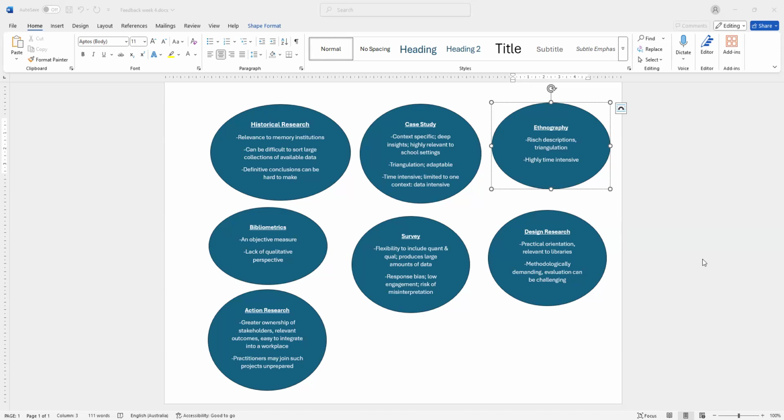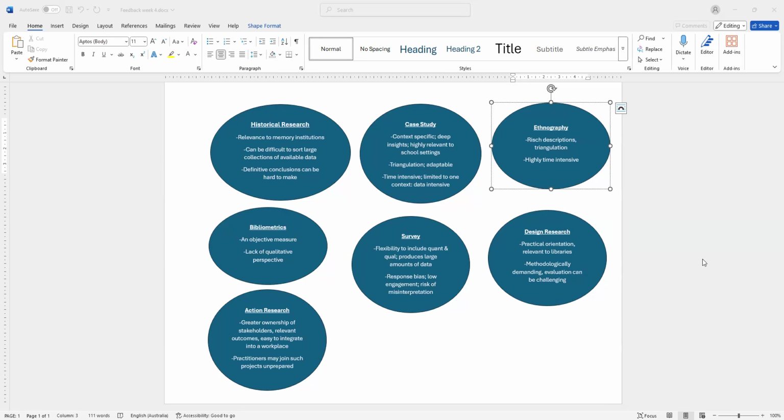Obviously, case study is very context specific, done in any setting, and it will provide deep insights. If you are using different methods of data collection in a case study, it will also enable you to do triangulation. Because of these strengths, there are also some weaknesses. Obviously, it is going to be very time intensive, and large amounts of data will be collected.